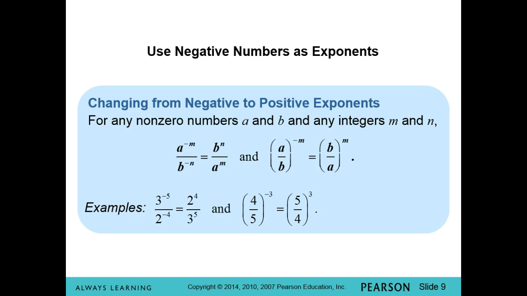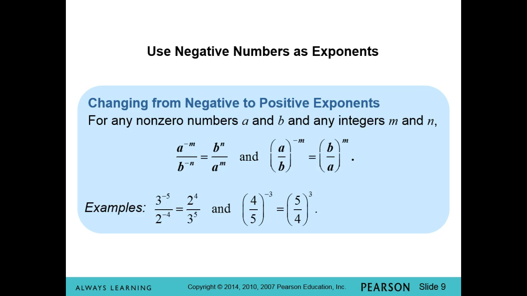So you may have an m that's already negative, and you're going to negate it and make it positive. So you have all sorts of things that can happen here. But if you don't know whether it's positive or negative, you just know it's some number m, then this moves downstairs, this one moves upstairs, and both of them lose the sign of the exponent. Not the sign of the number, just the sign of the exponent.